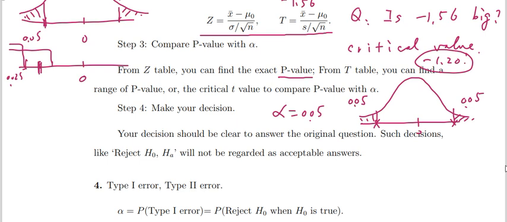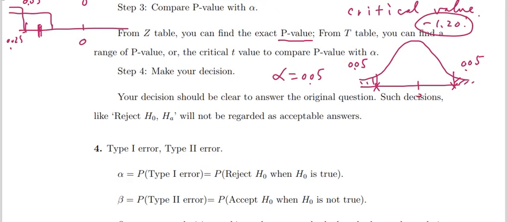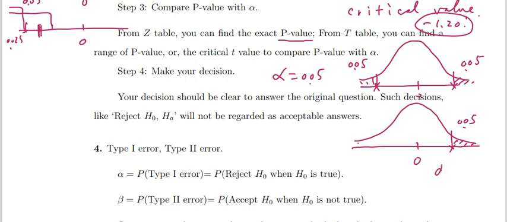The t critical value is the same thing. Suppose we want to find the t critical value with alpha 0.05. The only difference is that for t we need to check the degree of freedom, right?